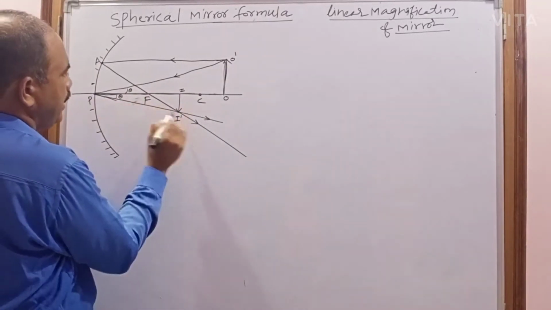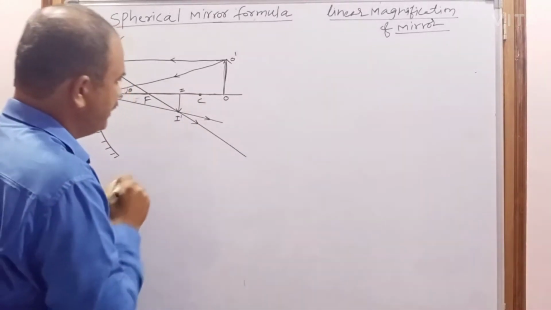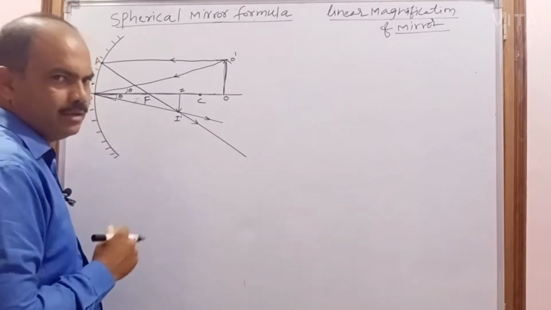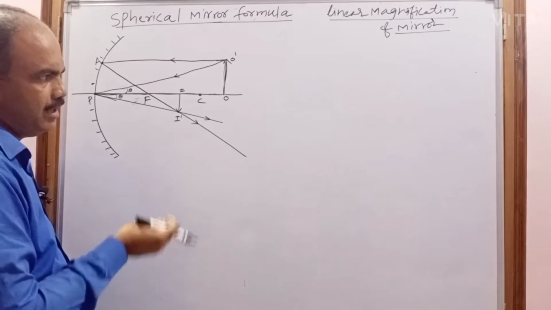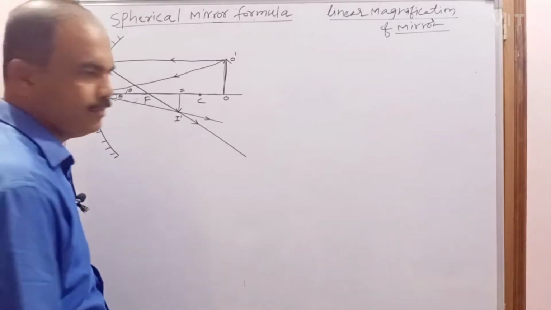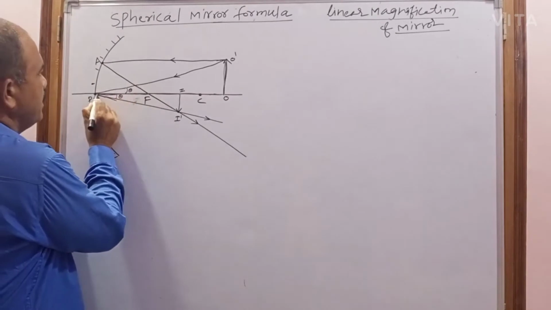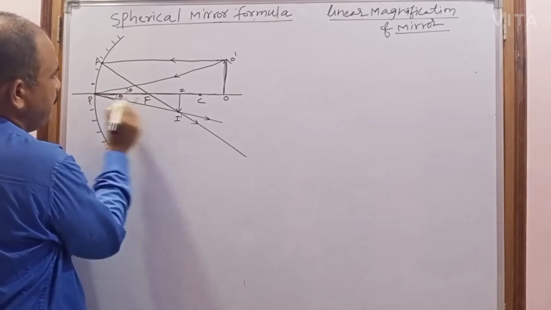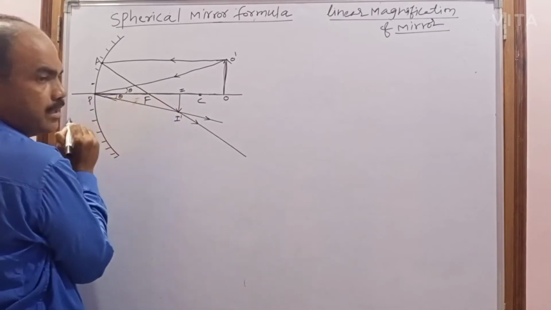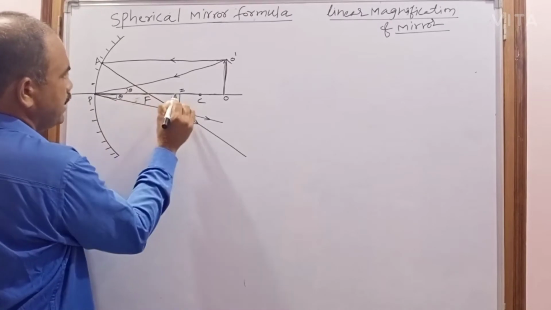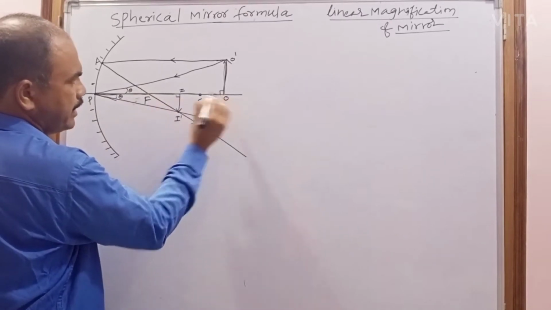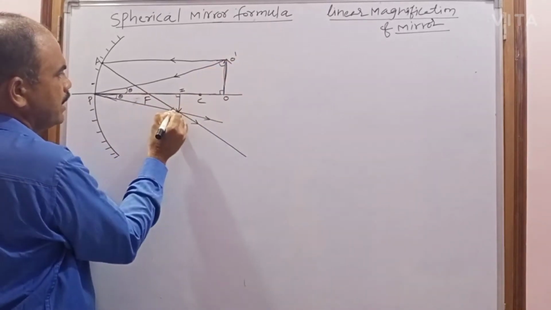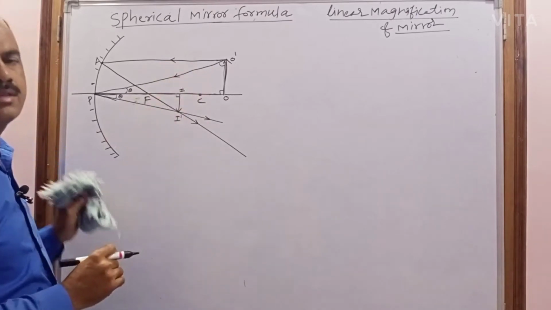Two triangles are similar if all three angles are the same. In this triangle PO dash, this angle is theta, and in the next triangle PI dash, the angle is also theta. These are two right angle triangles, here the angle is 90 degrees and here also 90 degrees. So when two angles are the same, the third angles also become the same. That's why these two triangles are similar triangles.